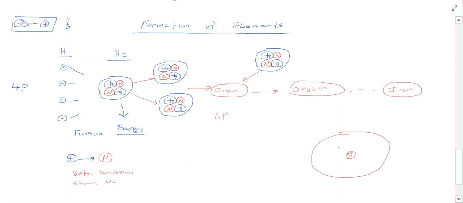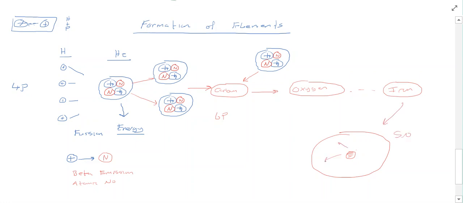Now what happens is, because the star needs this fusion process in order to keep it together and stop it exploding, once you get this core, you get an explosion, what's known as a supernova.